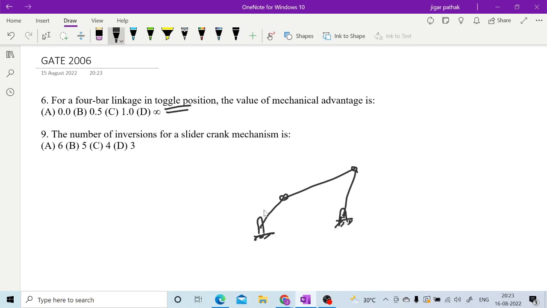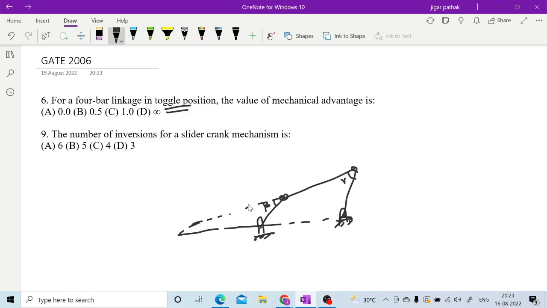Here you can extend this particular link, that is the connecting rod, and here you can have this angle as beta, or this angle as gamma, what we have written.